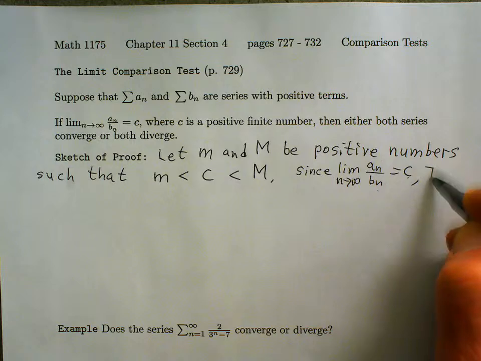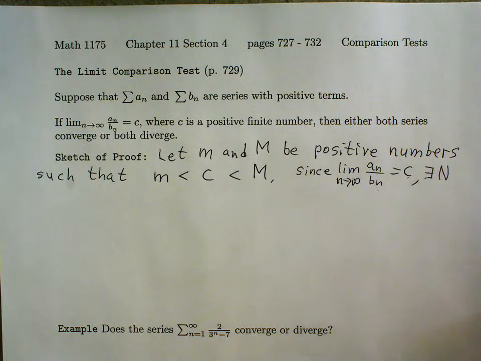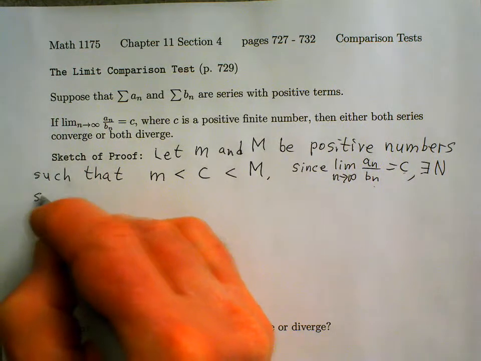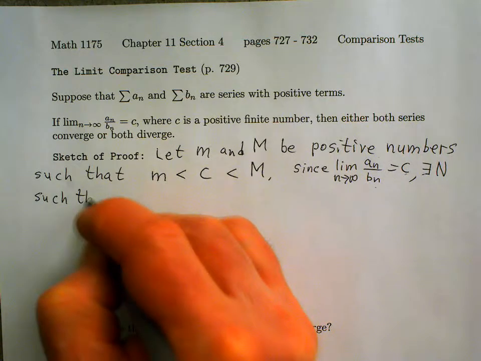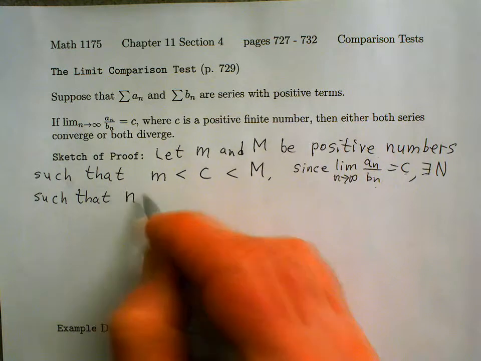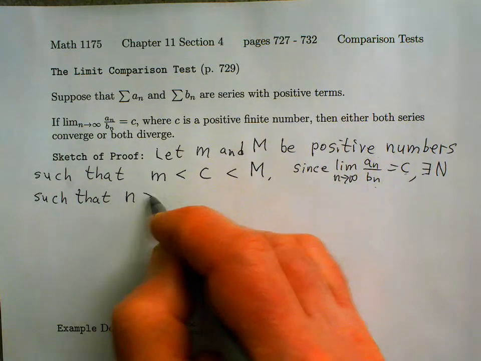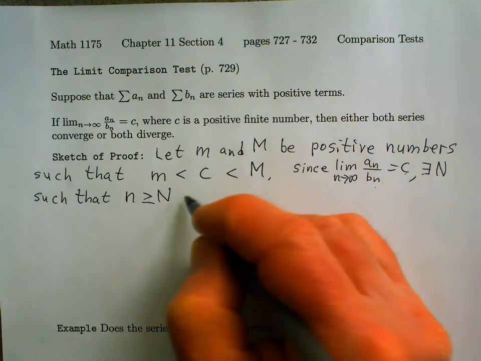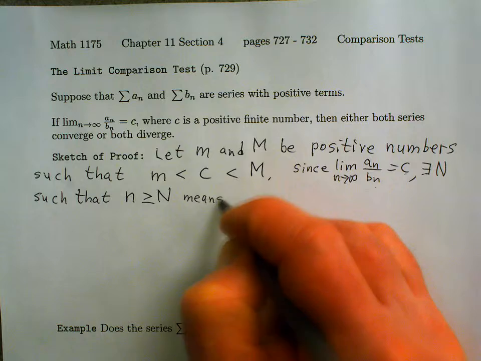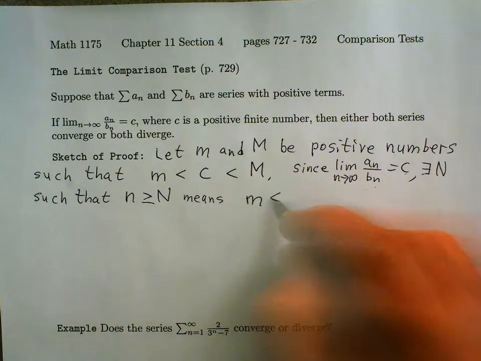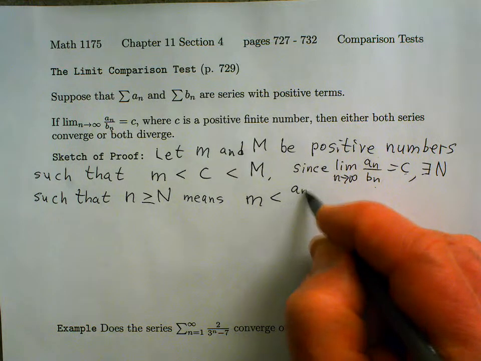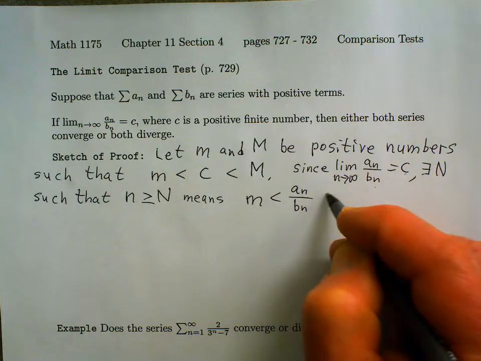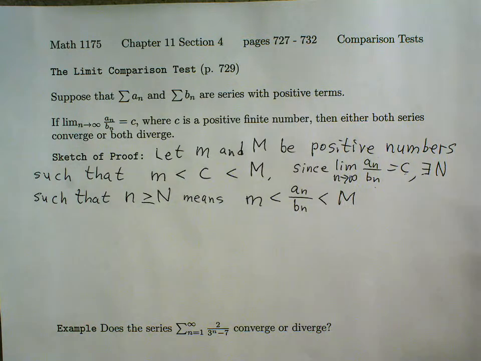So there exists a natural number capital N such that lowercase n greater than or equal to capital N means that m is less than a sub n over b sub n, which is less than capital M. So that makes sense.